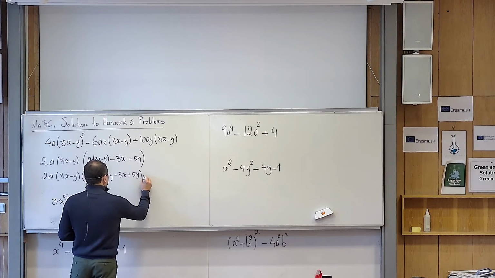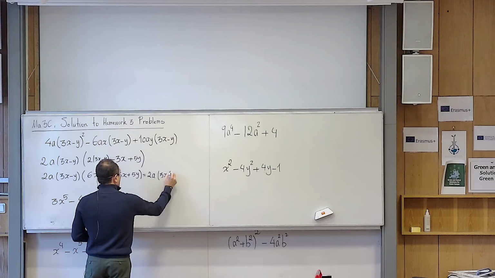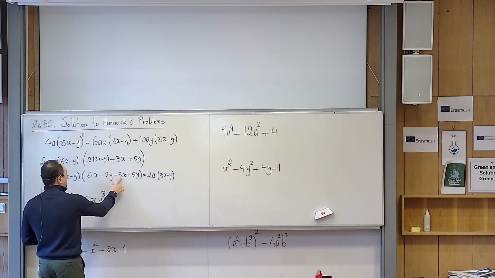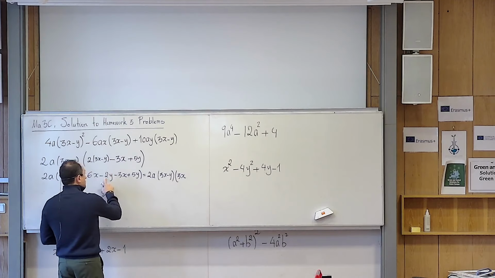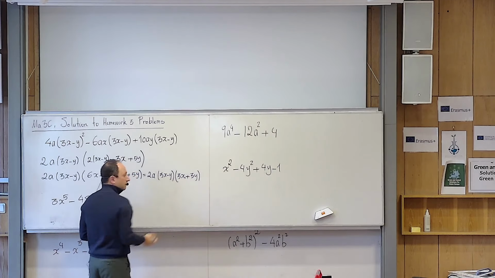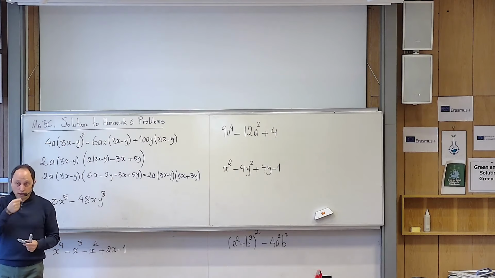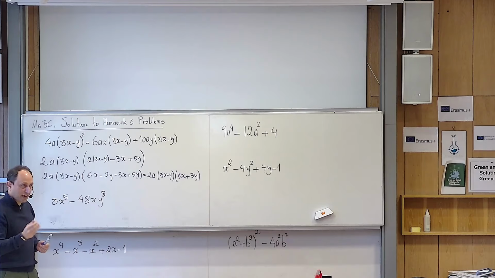And then this was 2a, and then 3x minus y. 6x minus 3x is what? 3x. And then minus 2y plus 5y is what? 3y. Okay, but now I try to design it in a way to see if you are careful about what is happening.